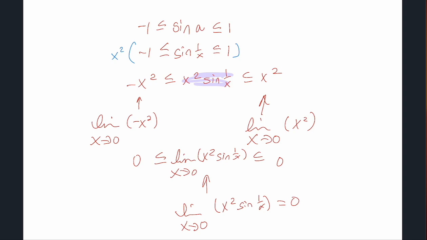So it's just kind of an interesting result. We're just thinking about some things we know about the sine or the cosine. So that would be true about a cosine as well. Any cosine function is stuck between negative 1 and positive 1. You get kind of a squeeze going on because of it. Now, if you used x sine of 1 over x, it wouldn't work because x is positive or negative, and that could mess things up.